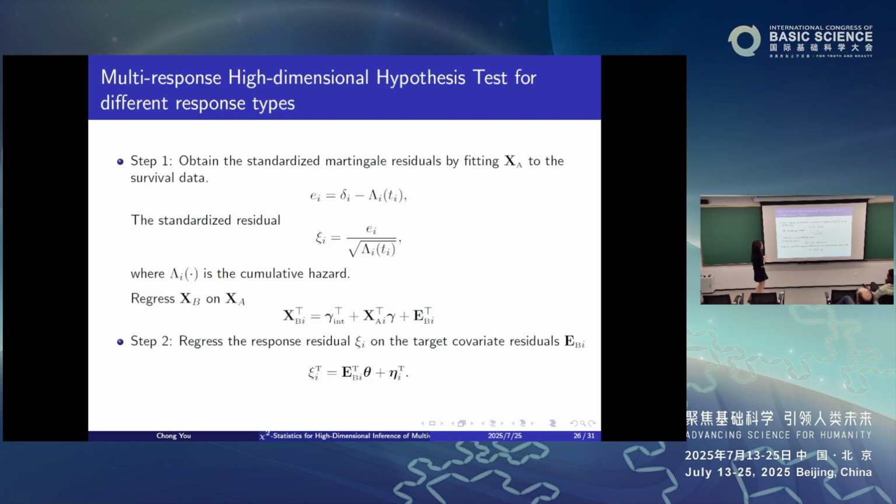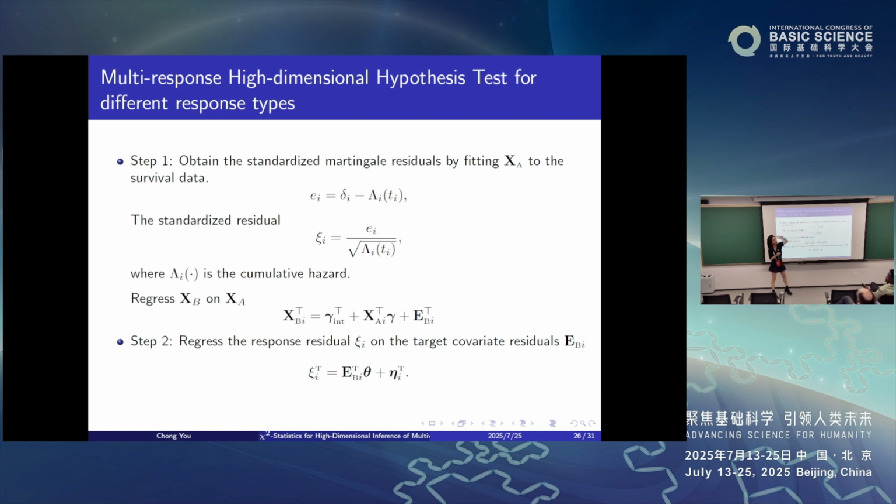Martingale residuals here are defined as delta i, if you still remember, the indicator to say whether the event happened or censoring happened. And capital Delta i here is the accumulated risk. So the difference here, you can think of as the unexplained risk adjusted after XA.